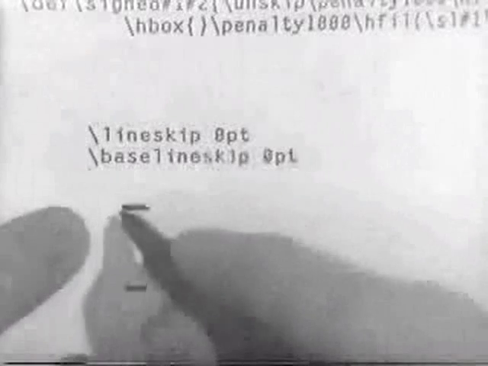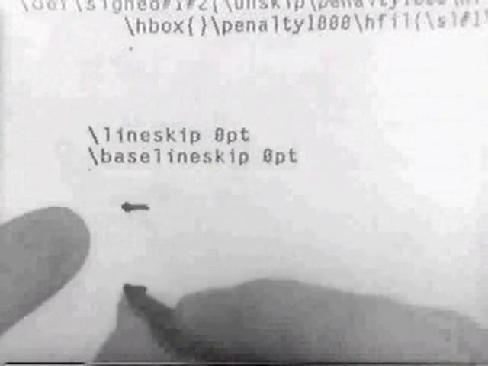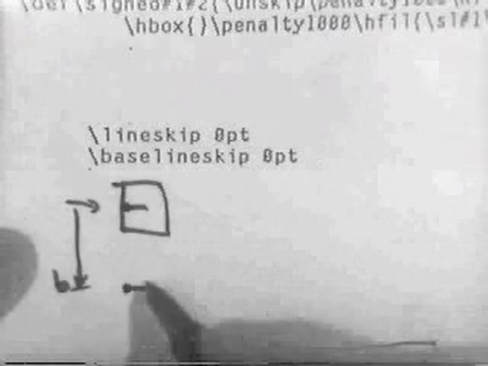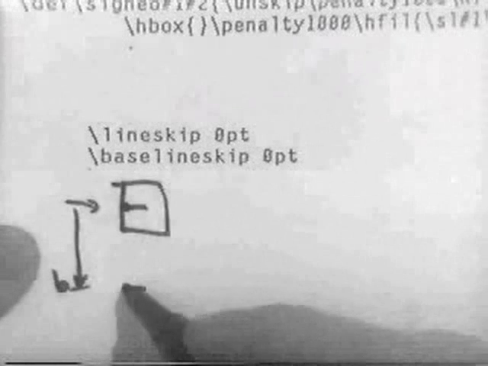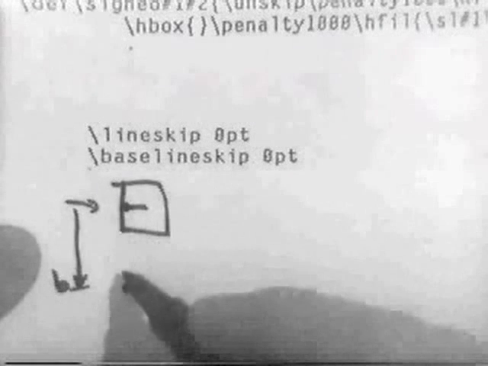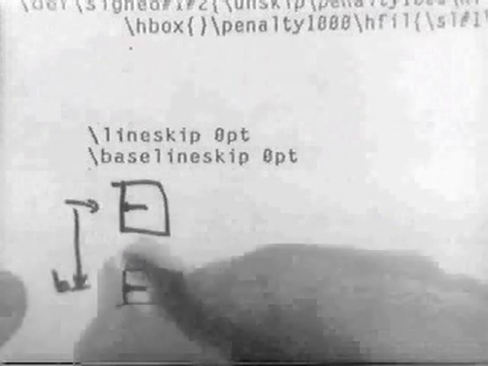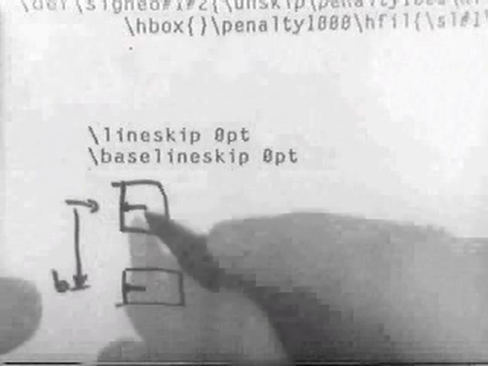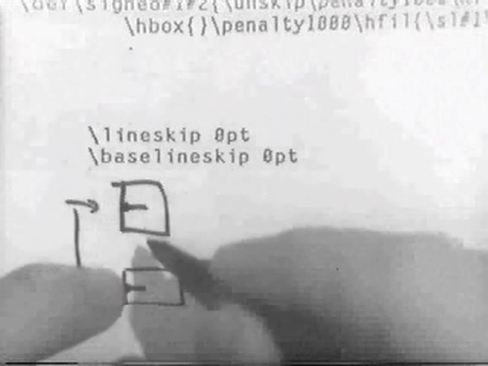Now, the baseline skip tells how far you want the baselines of those two boxes to be. So we try to get the baseline skip B in there if we can. Now, if this second box is small, then the interline glue is the amount of baseline skip minus the depth and height of these two adjacent boxes.